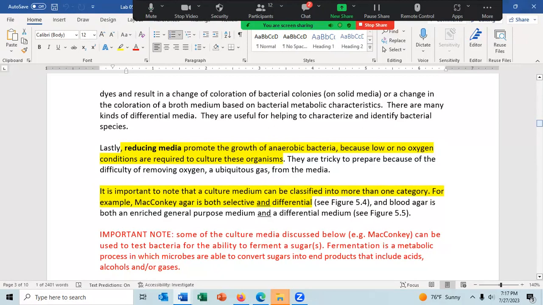It's important to note that a culture medium can be classified in more than one category. I already told you blood agar is both an enriched media as well as a differential media. Another one is MacConkey's agar, which is both selective and differential.